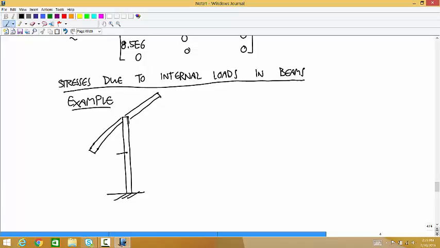there's a cable attaching the end of one member to the middle of the other one, and they're connected by a pin, and there's a fixed joint with the ground. And let's say we have a downward force of 1,000 newtons.